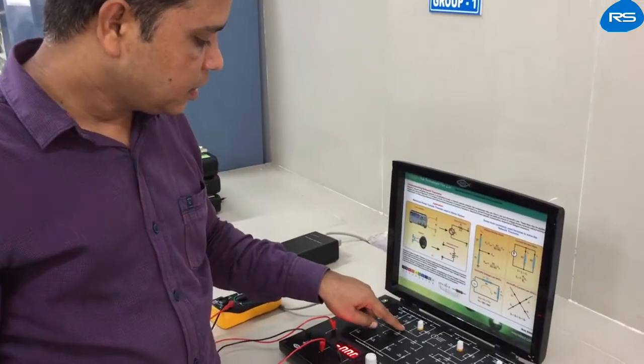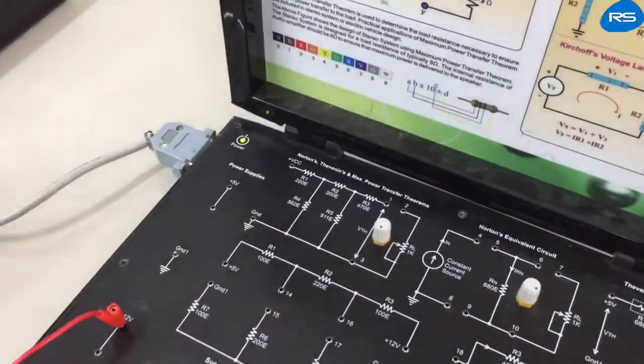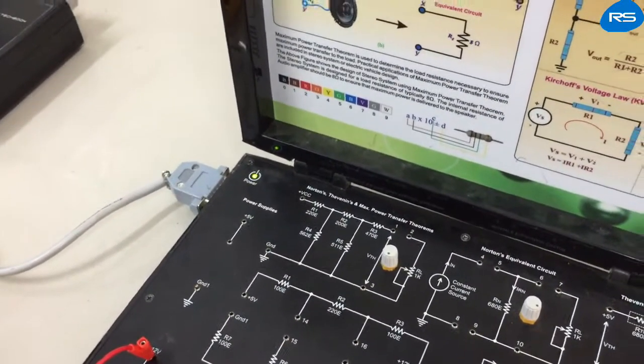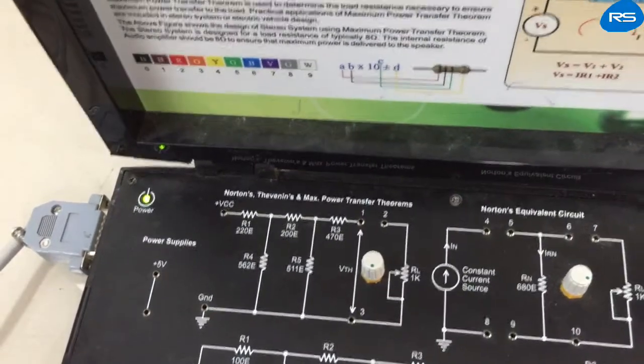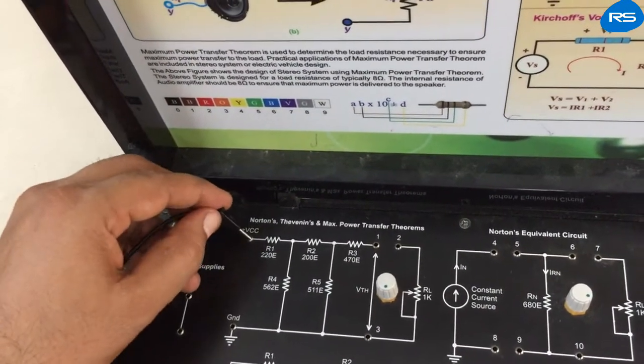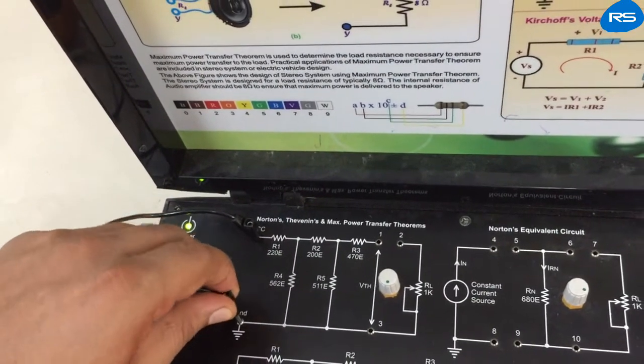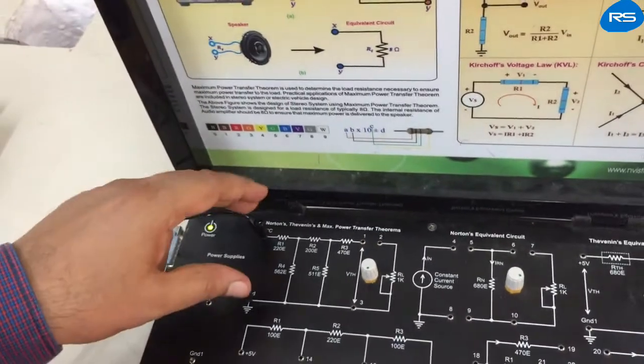So to measure RThevenin, that is the equivalent Thevenin resistance of the given circuit, we have to replace the power supply terminals of the given circuit by a short circuit, because in this case we are using a DC voltage source.